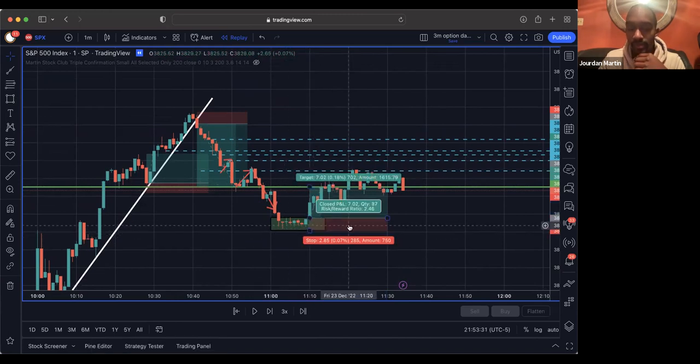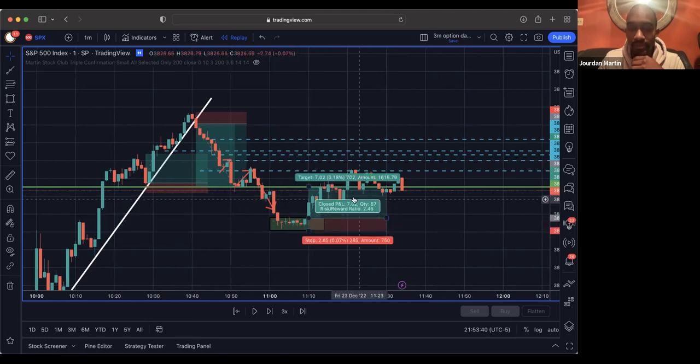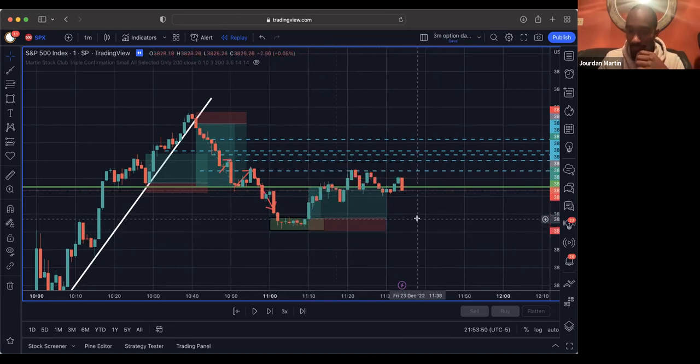You're giving yourself a 2.5 risk to reward ratio on your trade. You have a breakout. It's just stacking stuff up in your favor. Even if it doesn't work, you lose real little. But even if it goes up, you're good. You make $7 on the move up versus losing almost 3.